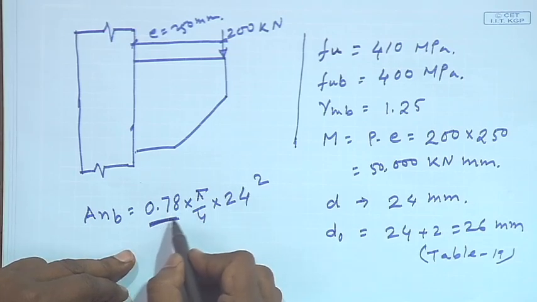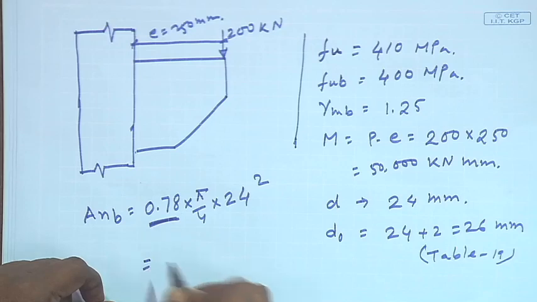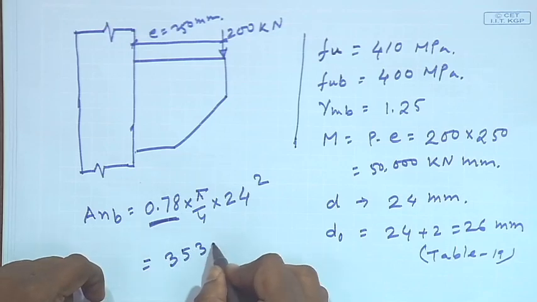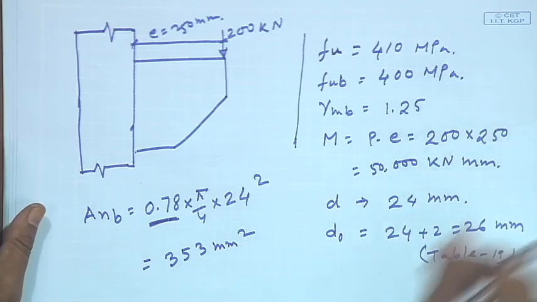So, to be on the safe side, we are assuming that the net area will be reduced to 0.78. If we calculate, we will get 353 millimeter square. So, this is the net tensile stress area.